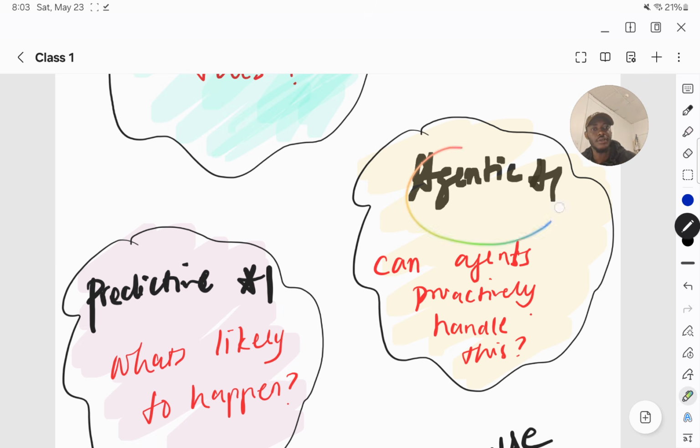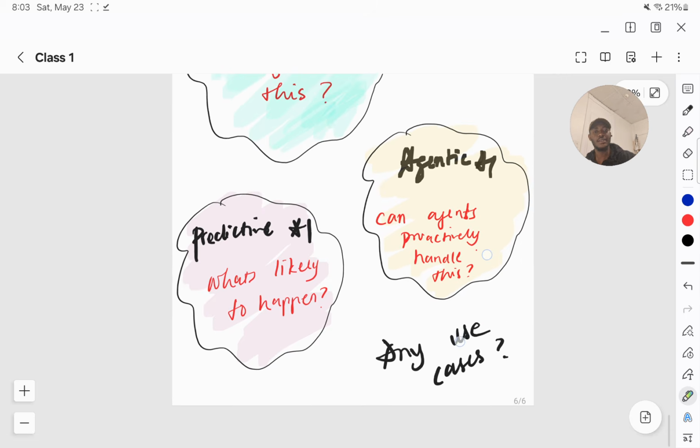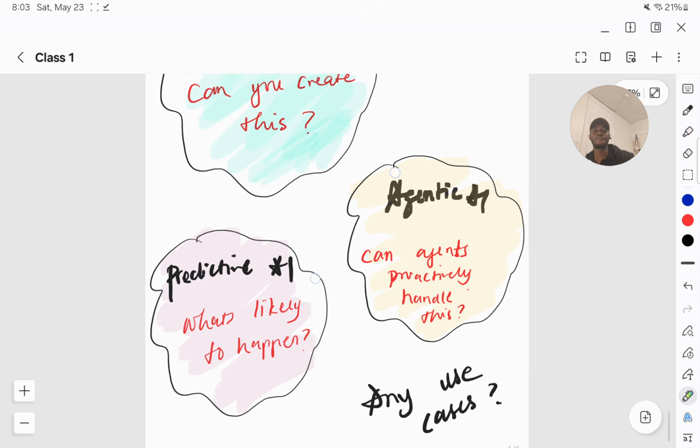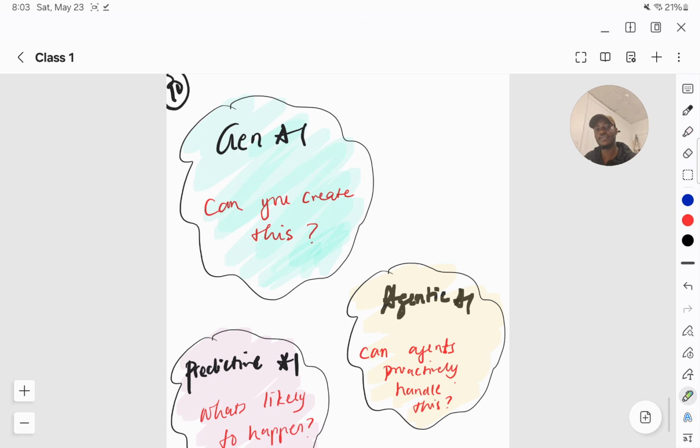This is the goal of agentic AI. And predictive AI talks about what is likely to happen, what will happen in the next hour on the network. So based on this, we can think of use cases that fit the nature of predictive, generative, and agentic AI.